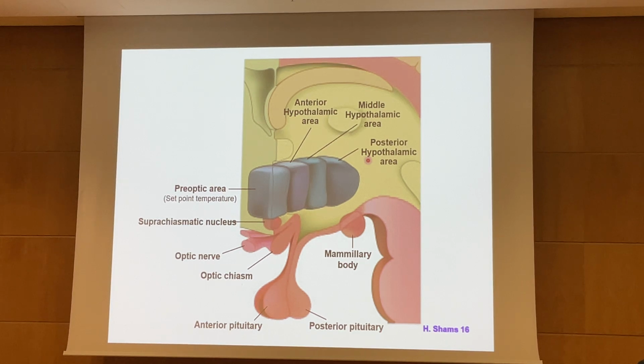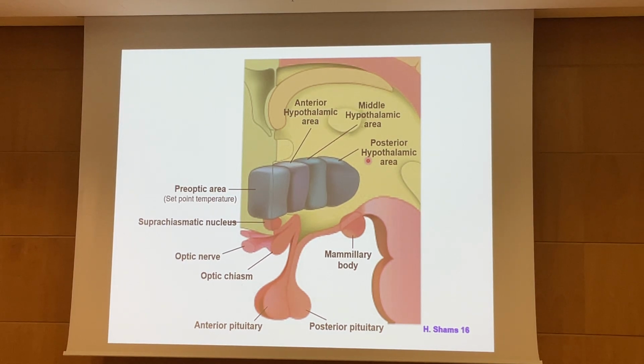It means that normally this hypothalamic region tells the body, regulate everything to body temperature 37. That temperature we call the set point temperature. The temperature is set at 37 degrees Celsius by the hypothalamus.